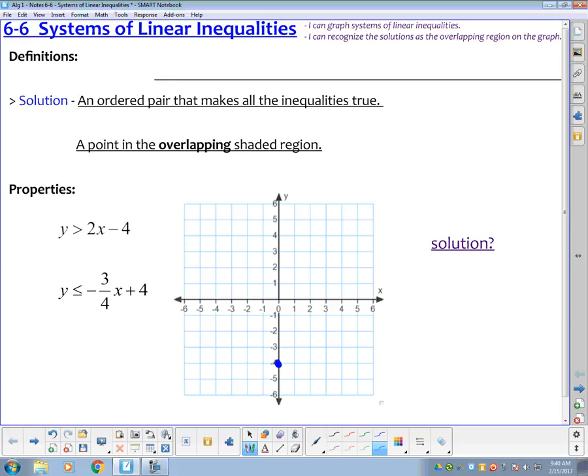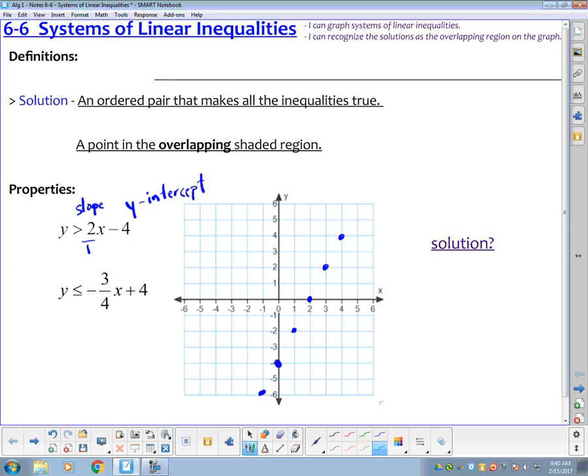Think of this as 2 over 1. This is my slope. This is my y-intercept. And so I go up 1, 2, and over 1, and up 1, 2, and over 1. Up 2 over 1. I could also go down 2 left 1.